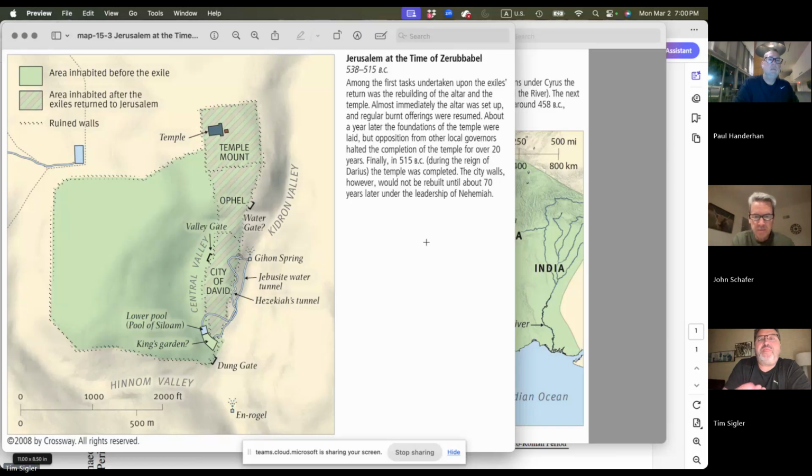It's like this first sentence suggests that among the first tasks undertaken upon the exiles' return was the rebuilding of the altar and the temple. So it's not like they even had a protected city yet. They went right for the, as we'll see in the text of Ezra, when they discover a copy of the Torah and they're reading about these festivals and these appointed times that God had established. It's like they wanted to do all of them at once.